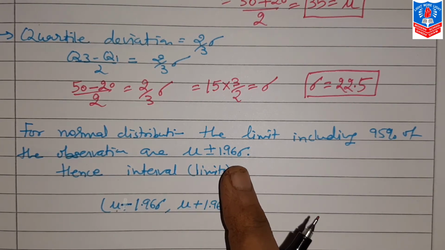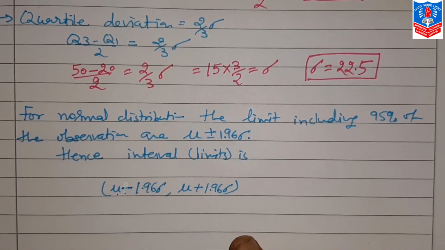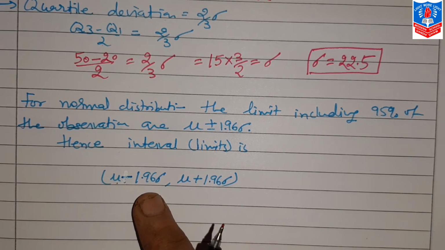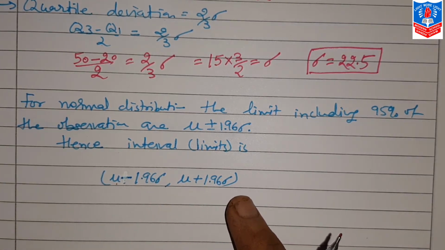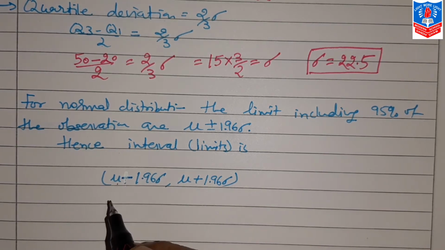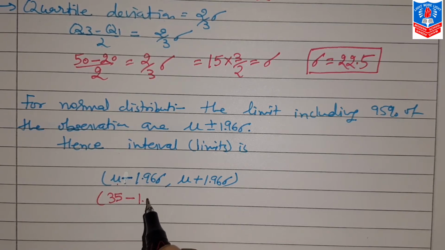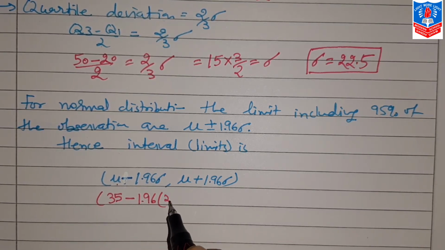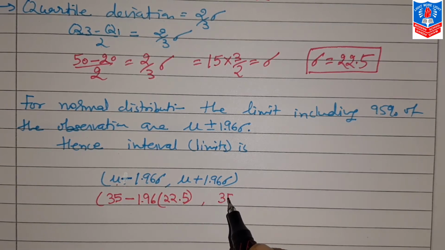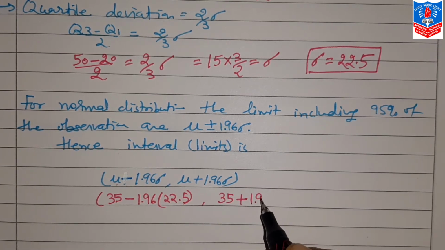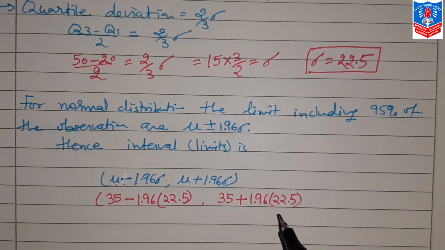Now finally, for a normal distribution, the limits including 95% of the observations are, as we discussed, mu plus minus 1.96 sigma. That is in interval form: mu minus 1.96 sigma and mu plus 1.96 sigma. Now the value of mu is 35, so 35 minus 1.96 into 22.5, and 35 plus 1.96 into 22.5.